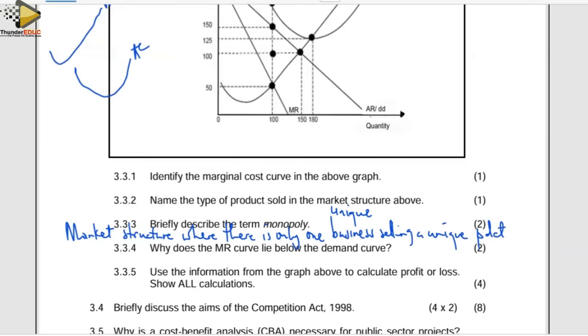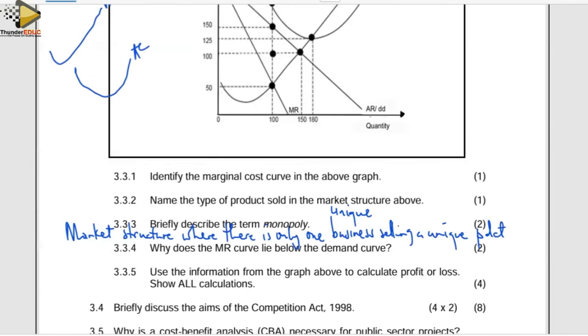For a monopoly, why is it that additional revenue is always below the average revenue or the price? The price that we sell at for a specific quantity of products is always higher than the additional revenue that we get if we try to increase our level of sales. Why is that so?